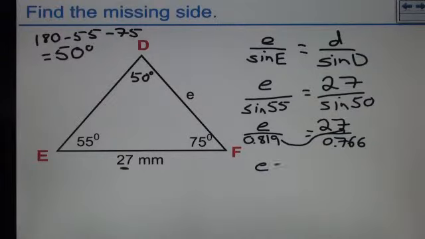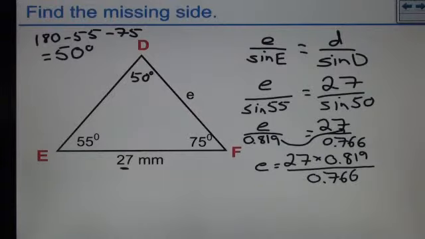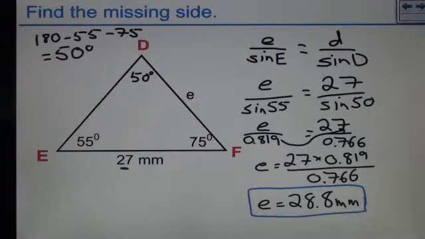So we get E equal to 27 times 0.819 all over 0.766. And we get E equal to 28.8. We look back in the question at the units, and it is millimeters. And just to make the answer stand out, I will put a box around it.